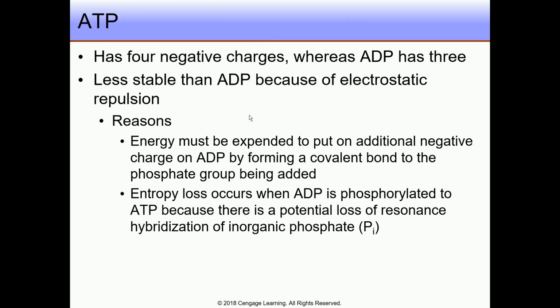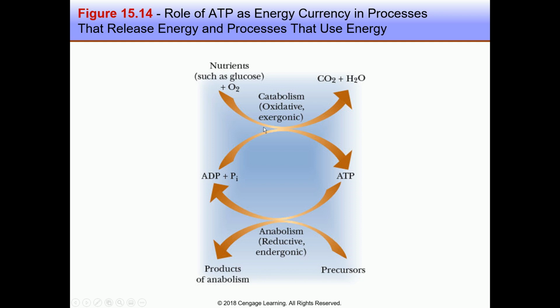In us we have adenosine diphosphate. The food we have eaten releases energy, because this catabolic process is exergonic, and that energy is used to form a bond between a phosphate group and ADP, which results in the formation of ATP, adenosine triphosphate.